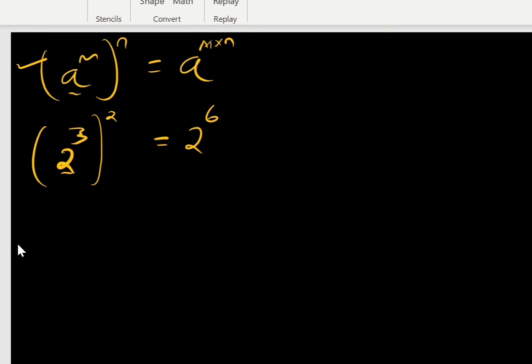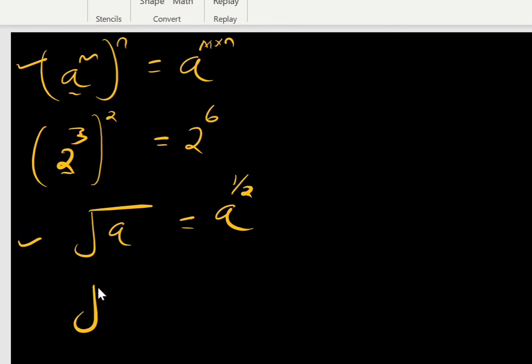The next important law is the fractional indices, the fractional powers. If you have a square root of a number A, you remove the square root sign and put a fraction. This is the same as A raised to a half.